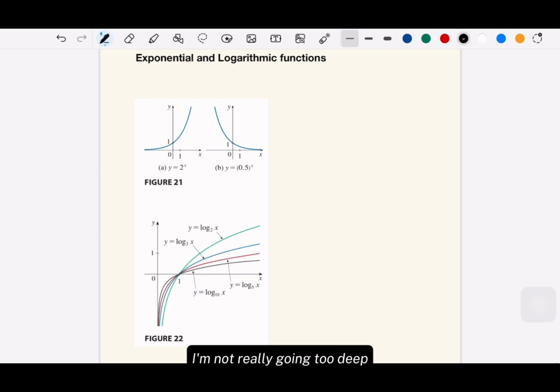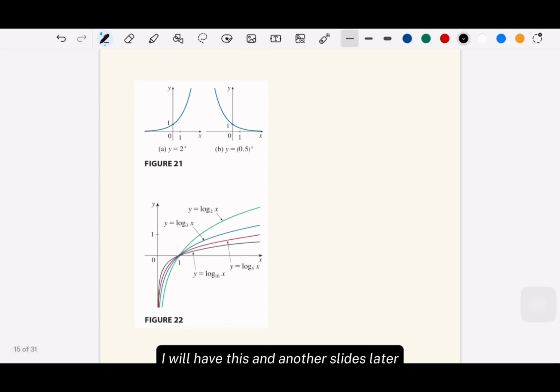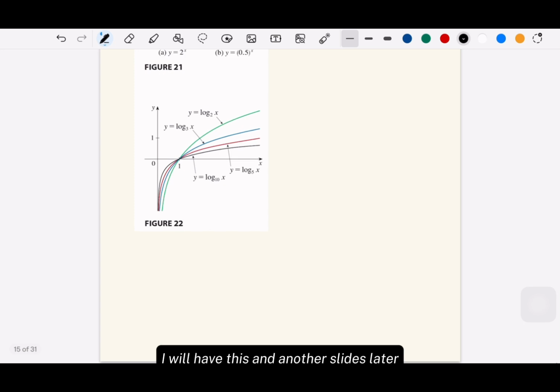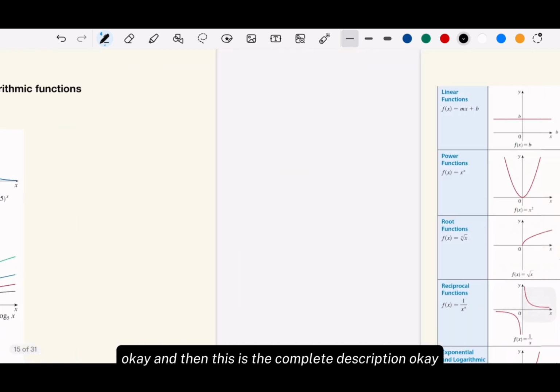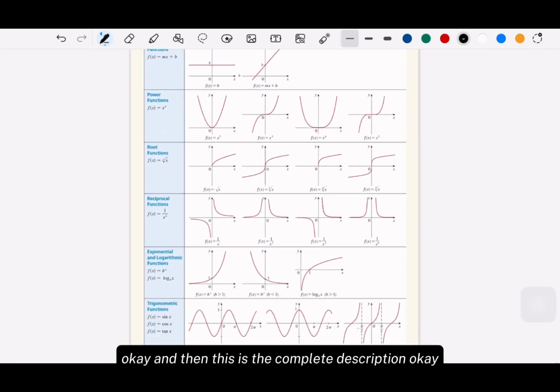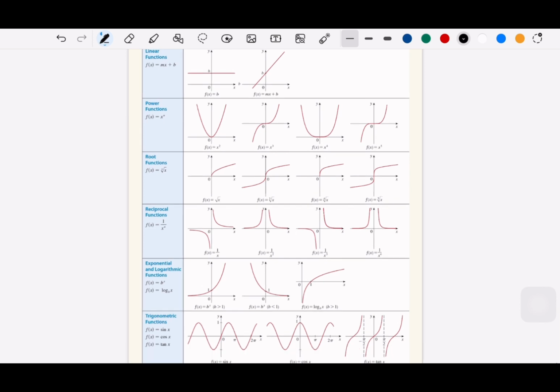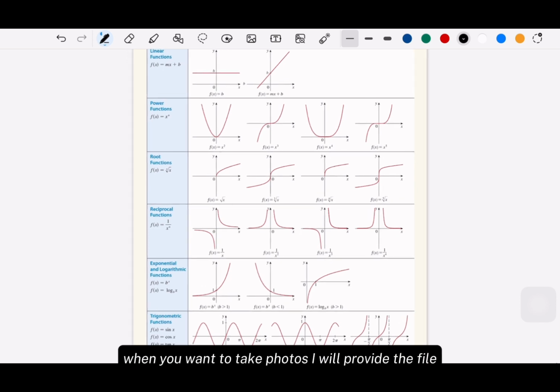I'm not really going into depth. I will have this in other slides later. And then this is the complete description. Don't worry about taking photos. I will provide the file later on. I will upload the introductions. So just an overview.